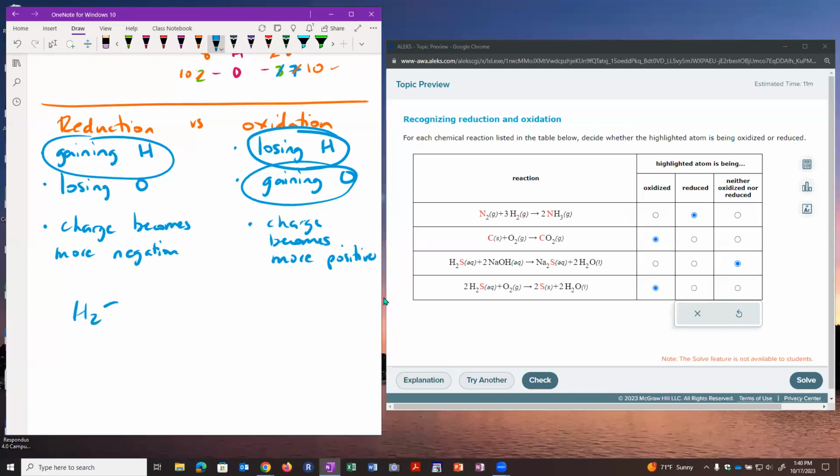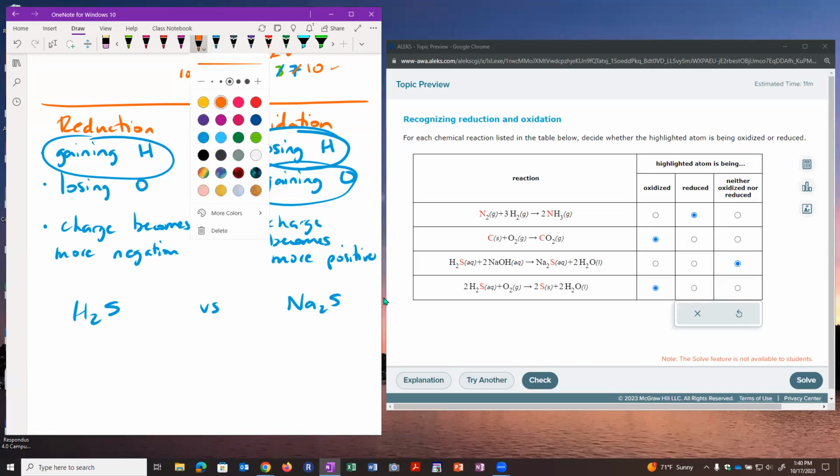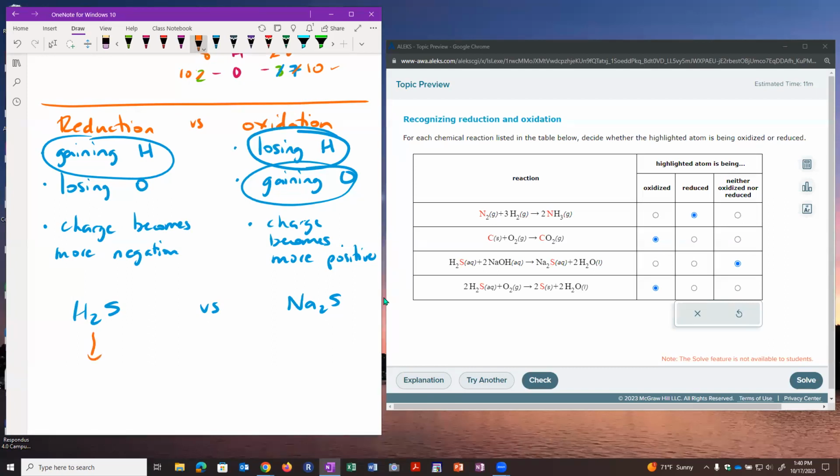All right, so we have H2S, and then it becomes Na2S. So we can look at the charges of sulfur in both of these cases. So at the beginning here, the sulfur has a charge of 2 minus, and we know that because hydrogen is always going to be +1. We have 2 of the hydrogens, so times 2 would give me a total charge there of +2, and then the sulfur has to be -2 to cancel that out.